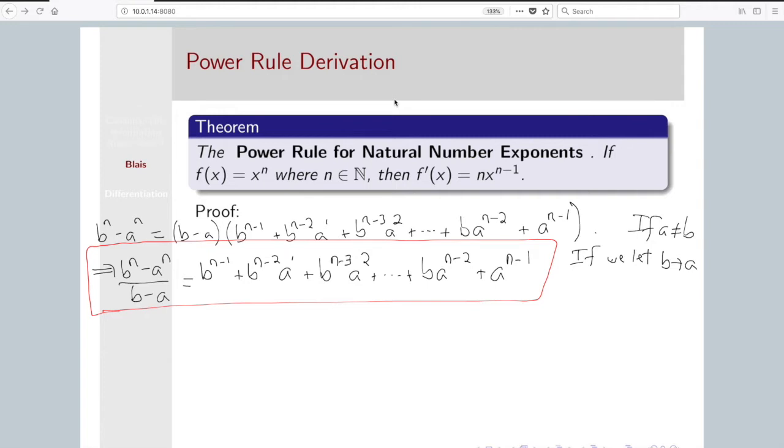As b approaches a, b to the n minus 1 approaches a to the n minus 1. b to the n minus 2 is approaching a to the n minus 2.